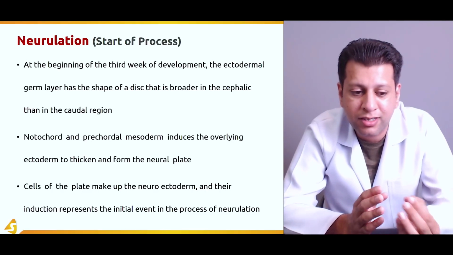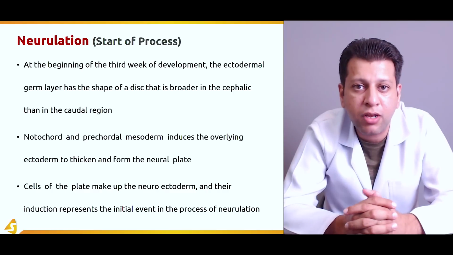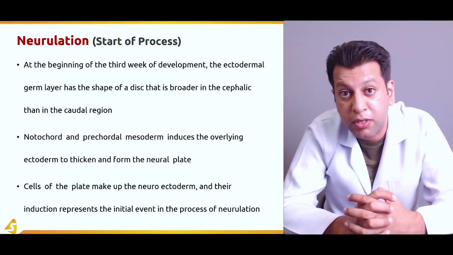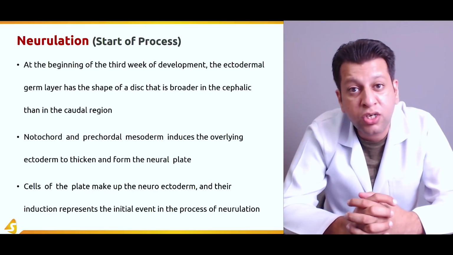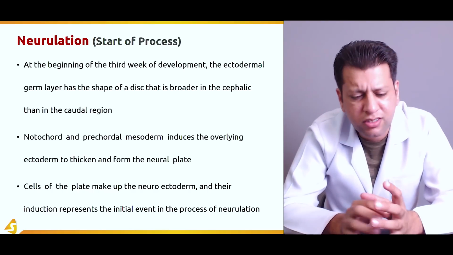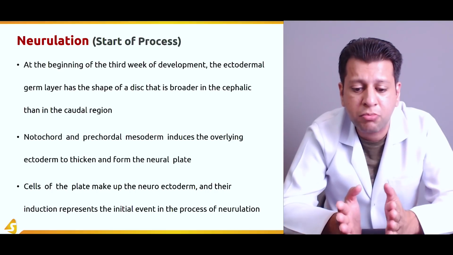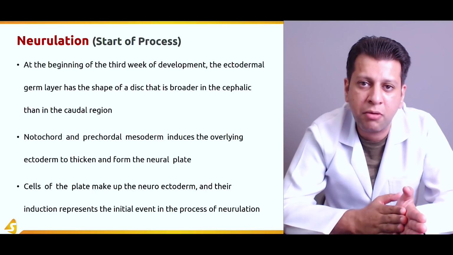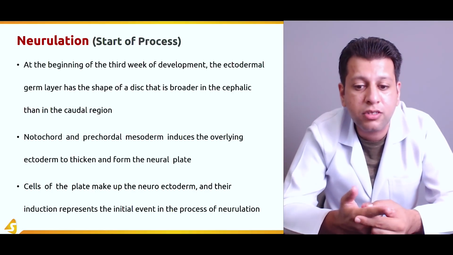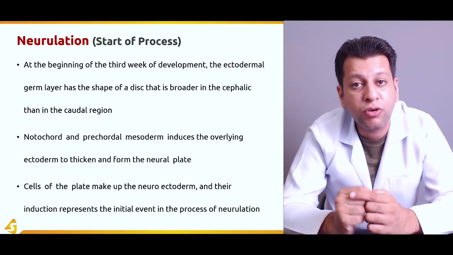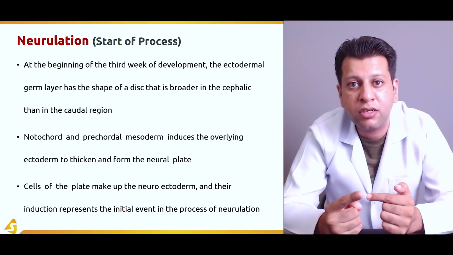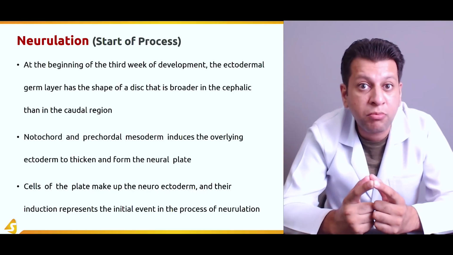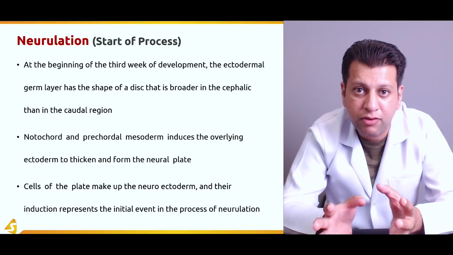They release certain factors such as fibroblast growth factor, and there is also inhibition of transforming growth factor beta. There is release of chordin, noggin, and follistatin. Different kinds of chemicals are being released, but exactly how genes cause the release of certain chemicals and how they induce this mesodermal tissue, and further cause a division of the cells in the ectoderm and notochord and prechordal plate, is still very much unclear.